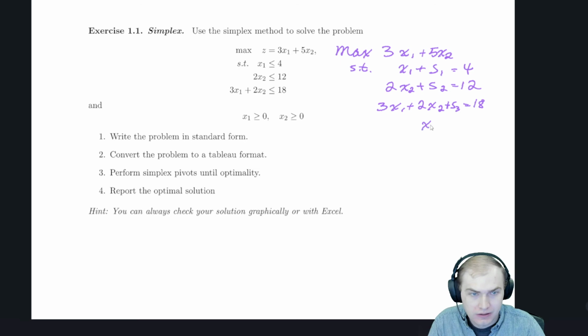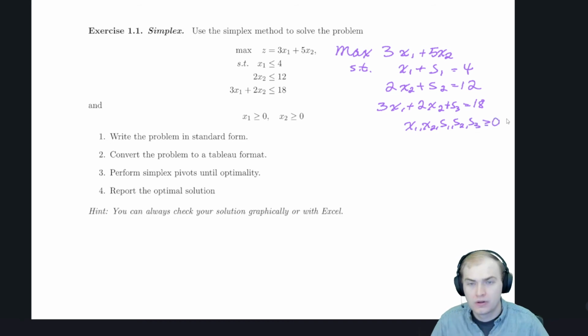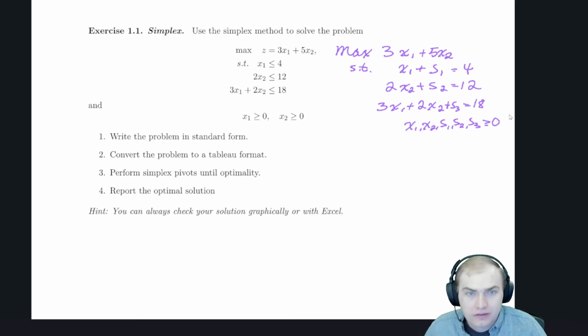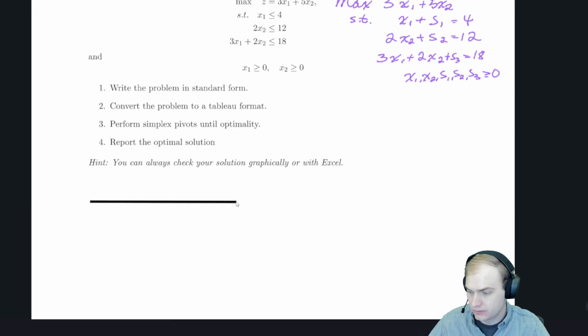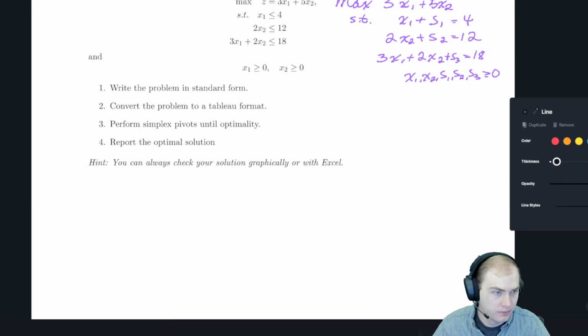Well, we also need our x1. We need our negativity. That's important. And then let's convert that to a tableau for us to solve. Make that one smaller too.